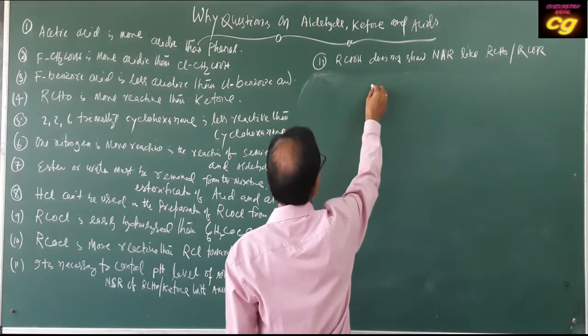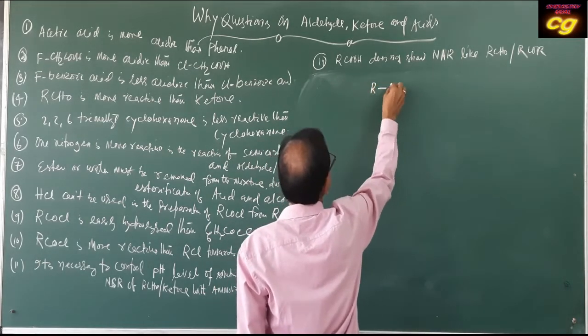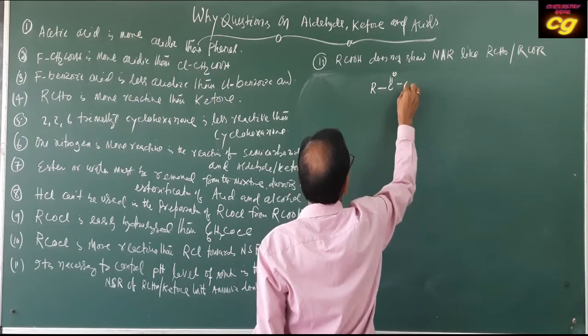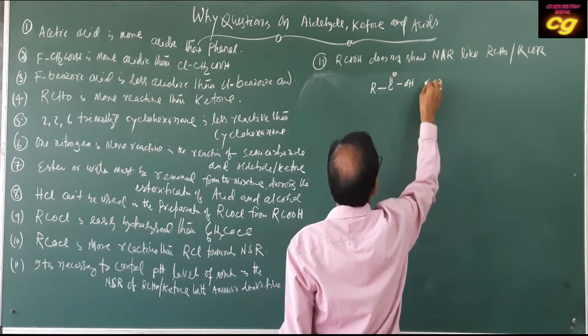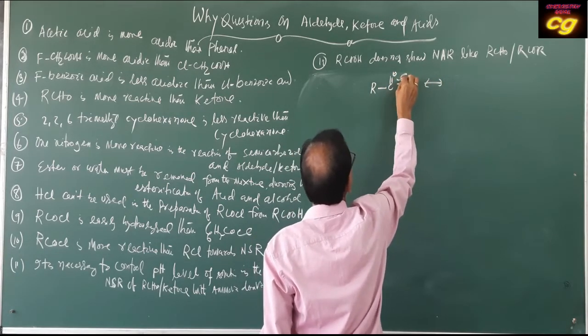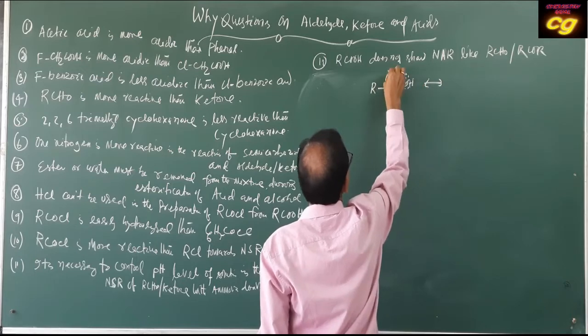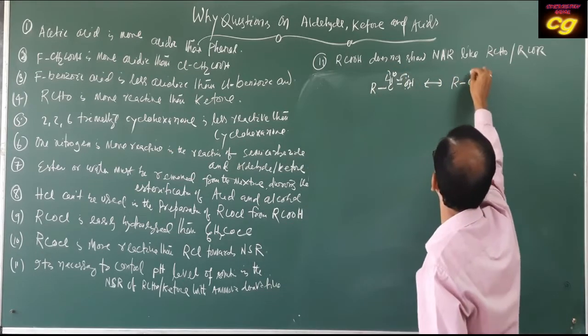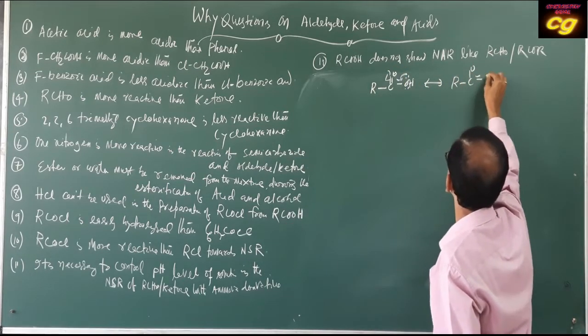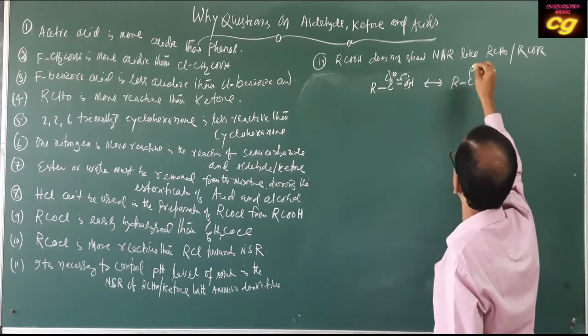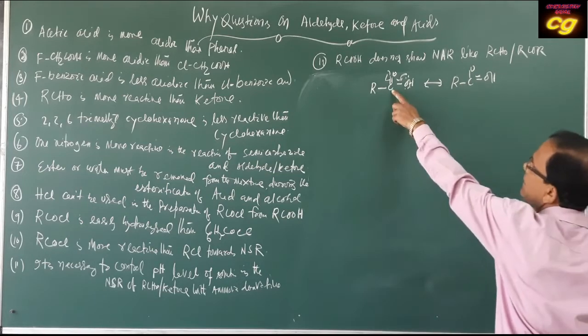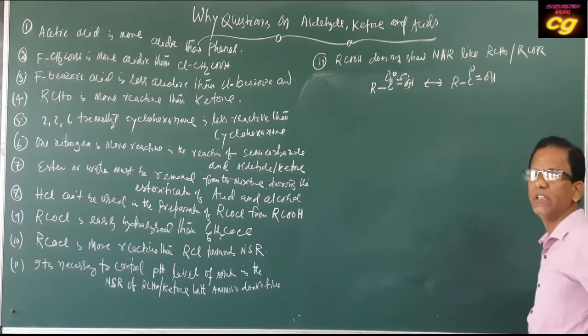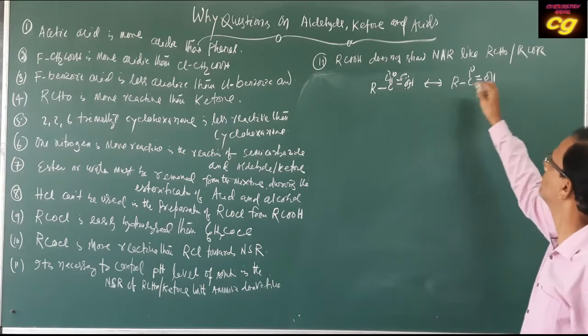Because if you see the structure, benzoic acid has resonance. So it loses double bond character. The free keto group is not available in benzoic acid due to resonance.